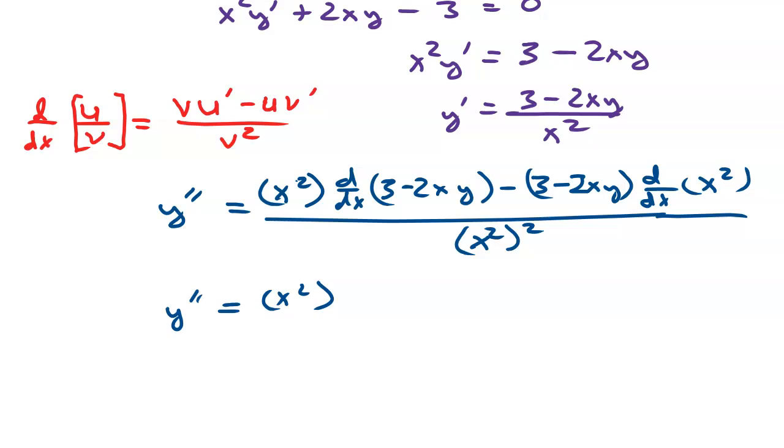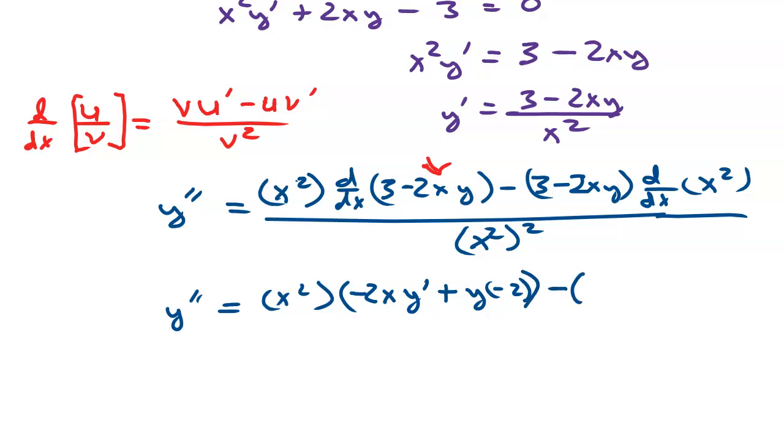But notice here, we got another product. Minus 2xy. Okay. So the derivative of that is going to be minus 2x times the derivative of y, which is y prime, plus y times the derivative of negative 2x, which is negative 2.